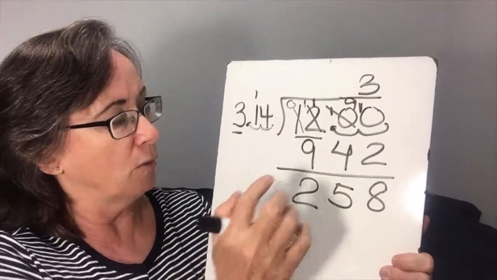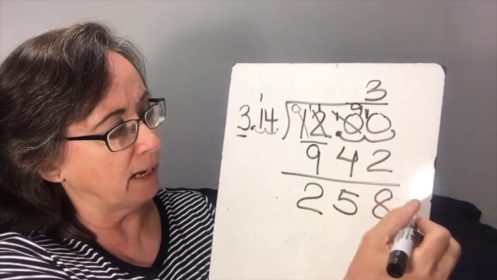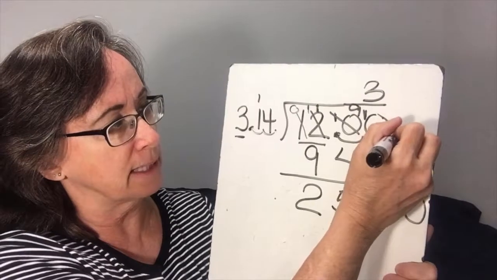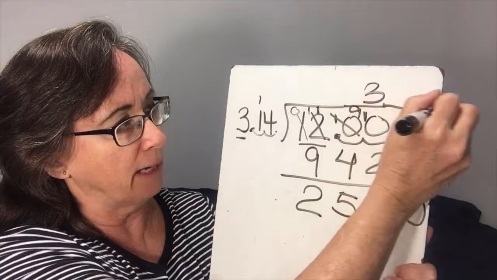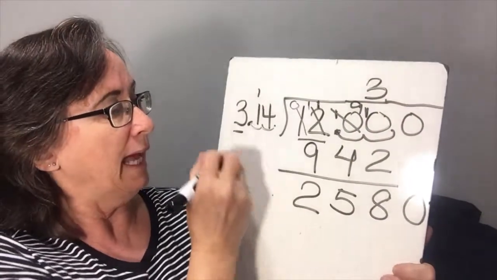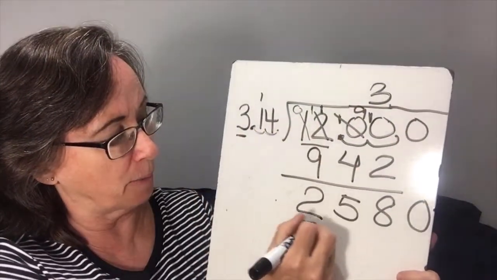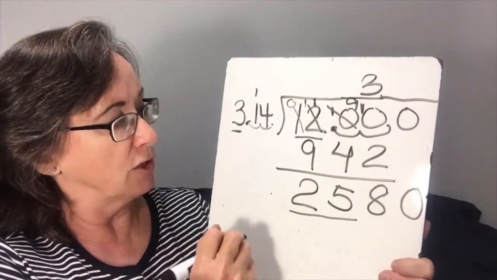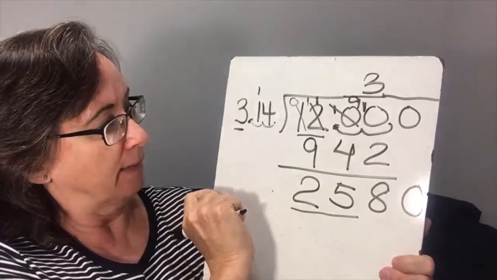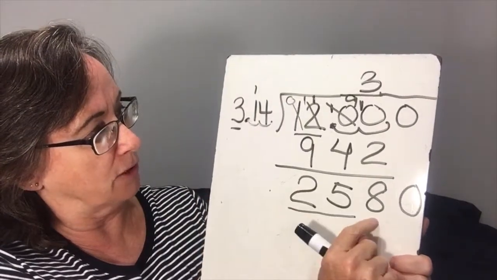So now we're going to bring down a 0, because this is now our decimals here. We can bring down a 0 and carry it out some more. And 314, now our approximate is going to be into 25. So we're going to say that's going to go into there.